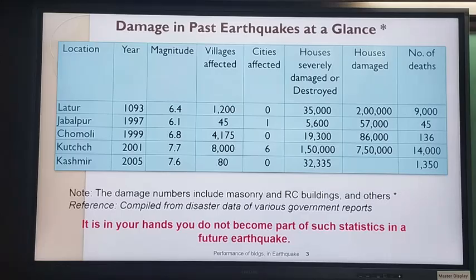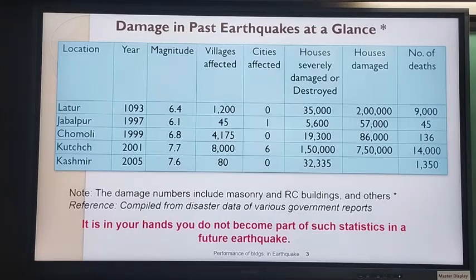All right. Now just a glance at some of the past earthquakes. So this basically gives some numbers. You can see how large the numbers are in terms of houses getting demolished, houses getting damaged, number of deaths. And actually, I don't have a money figure here, but the money figure runs into hundreds of millions and billions.